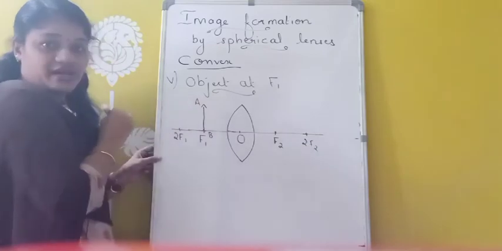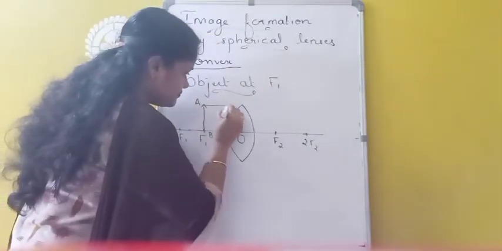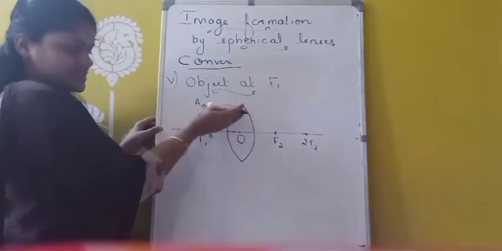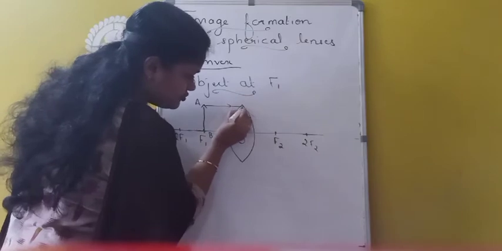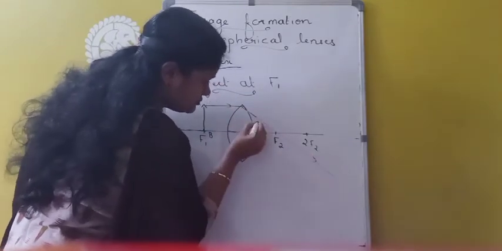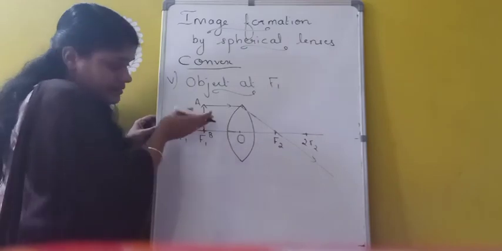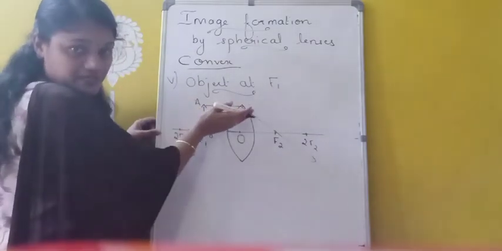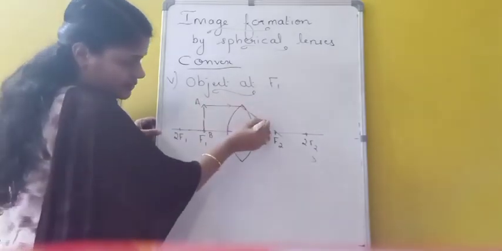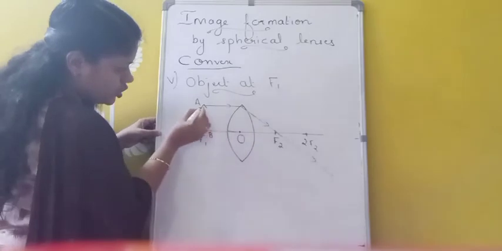And consider one light ray passing parallel to the principal axis. After refraction passes through the focus. Then another light ray passing through optic center.